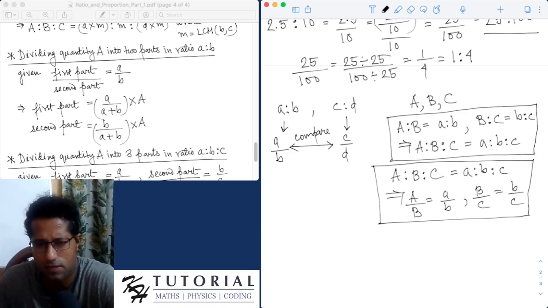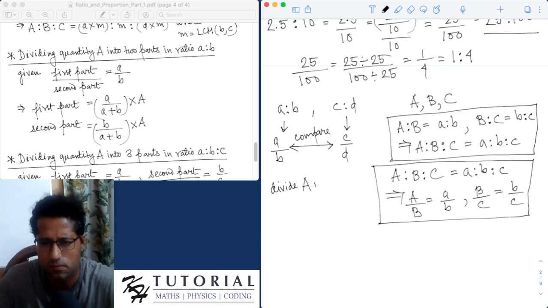So it is asked to divide A into two parts in ratio.